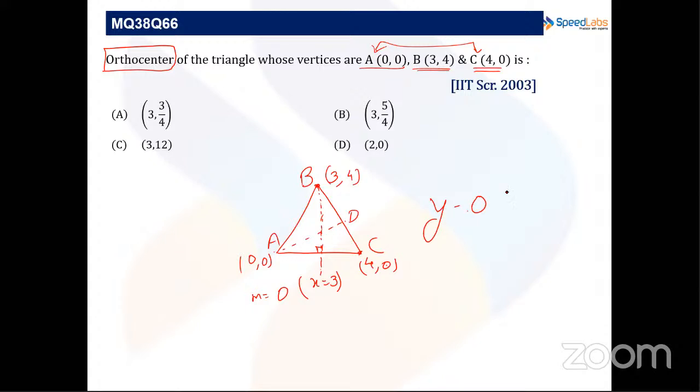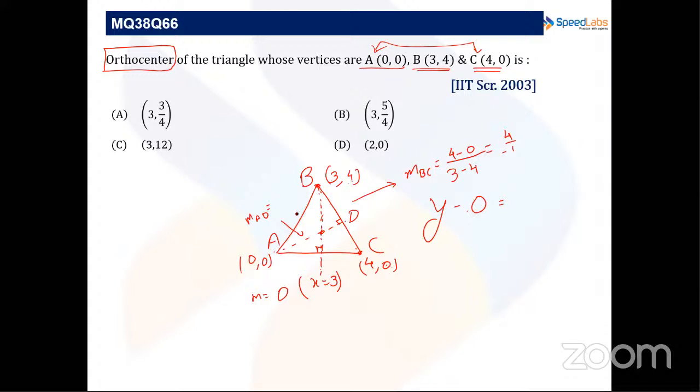it will be y minus y1 equals to some slope, and the slope of this line BC we can find out by y2 minus y1 upon x2 minus x1, so it will be 4 by 1. So the slope of BC, oh sorry, that is 4 minus 0 upon 3 minus 4.